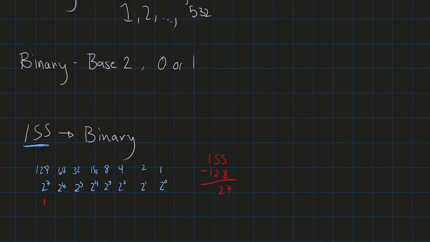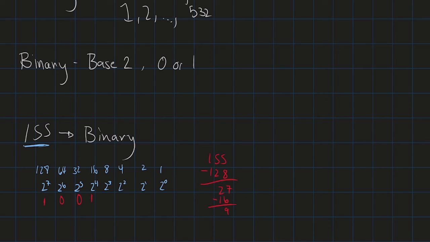So we move on to the next bit, and we see is it less than 27. 64 is not less than 27, so we would make that a 0. 32 is greater than 27, so we make that a 0. 16 is less than 27, so we subtract from 27. We get 9. And we make that a 1.